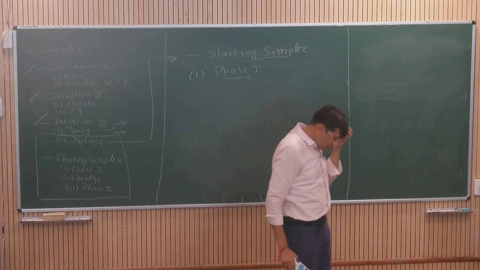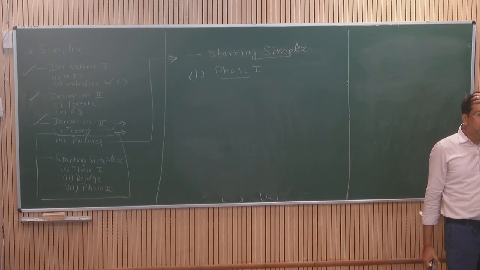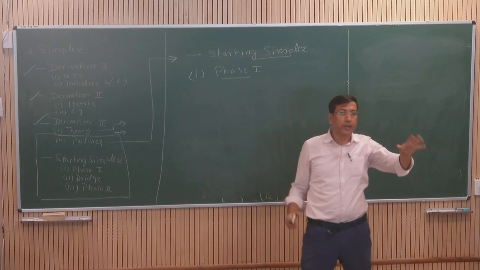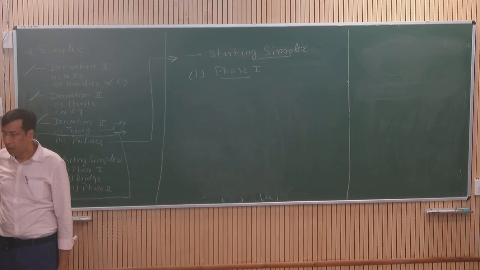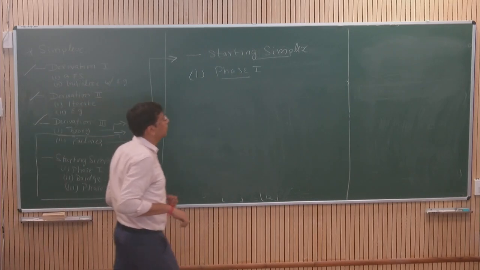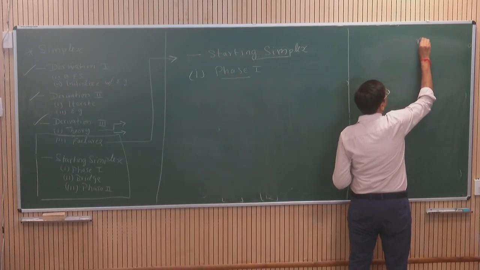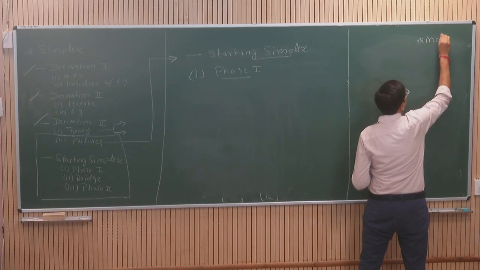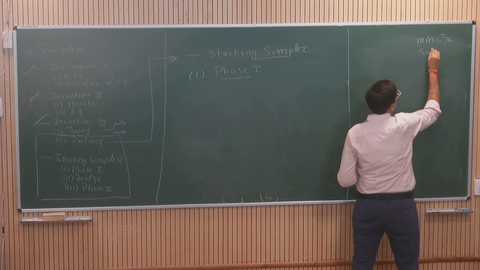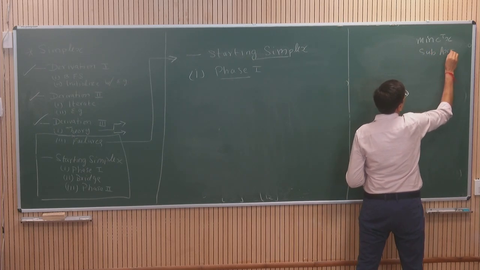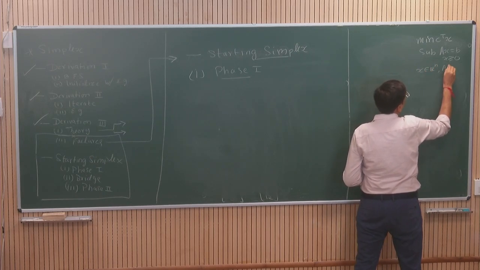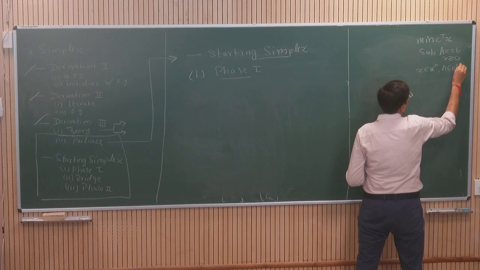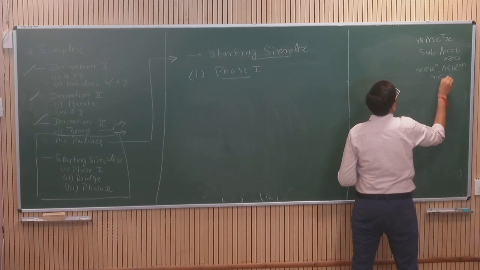The question is, why are we splitting this into two parts, doing it in two phases? The reason for that is, if you take any standard LP, minimize c transpose x subject to Ax equal to b and x greater than or equal to 0, x belonging to R^n, A belonging to R^(m x n) and m less than n.